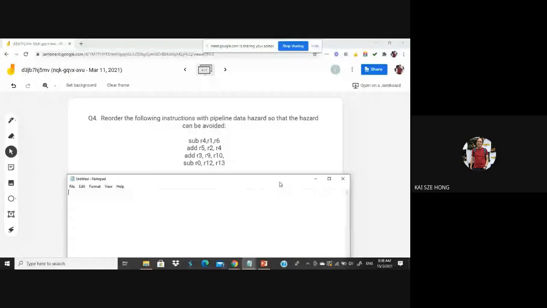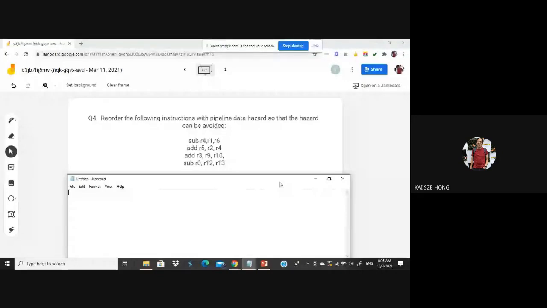So actually, question. Now, because I'm not sure whether you can still hear my voice or not. Okay, let's reorder the following instructions with pipeline data hazard so that the hazard can be avoided.